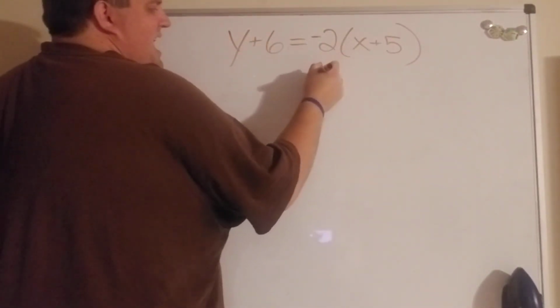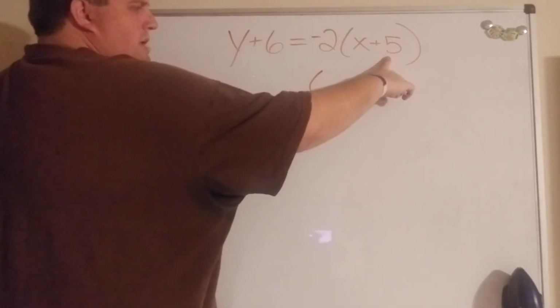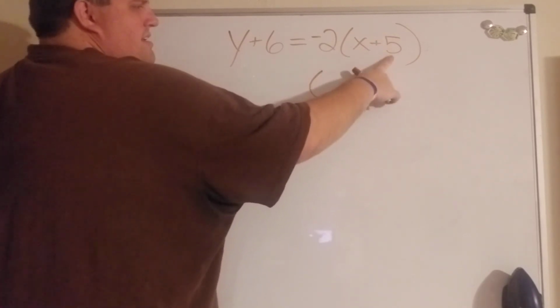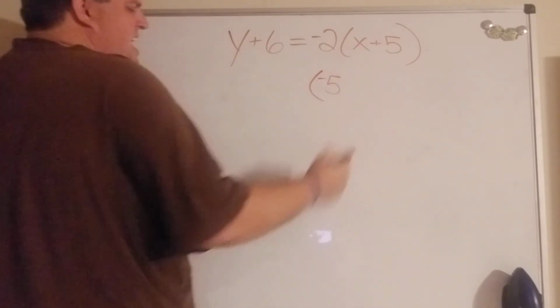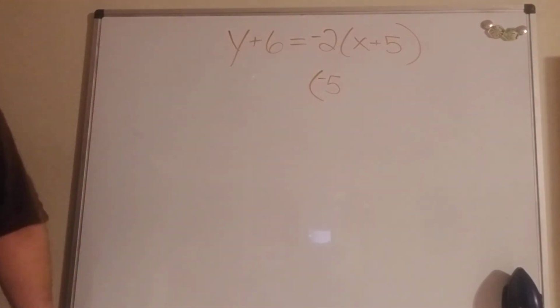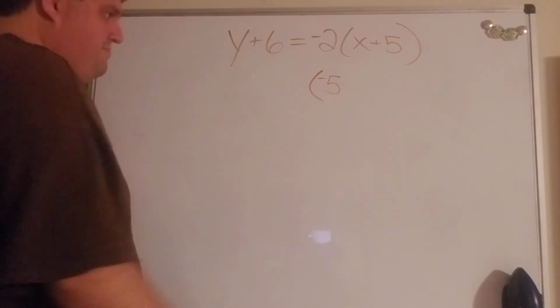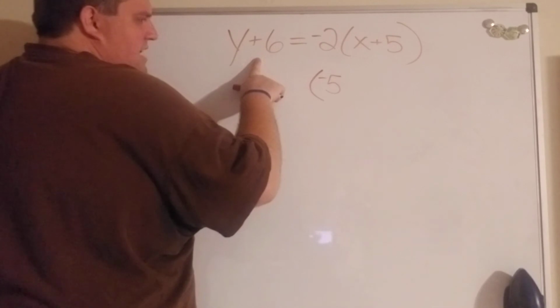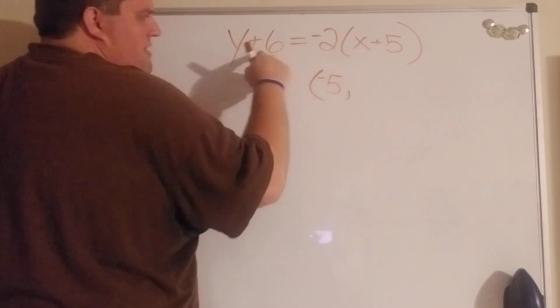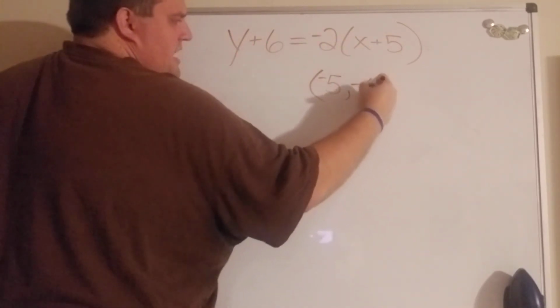So the point that they gave us, remember it's opposite sign. So our x value would be negative 5. Oh, excuse me. So that'd be negative 5. Our y value over here would be negative 6 because it's opposite sign.